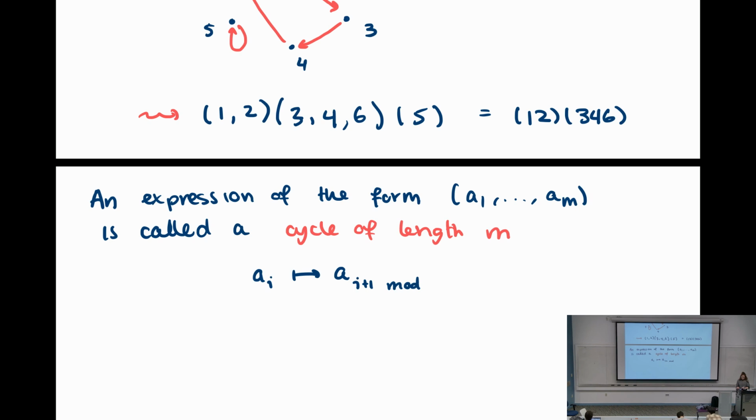Or mod m plus 1, I guess, because that would send... no, we want mod m. Yeah, okay, so this denotes this permutation.